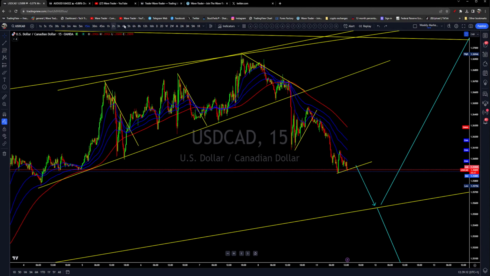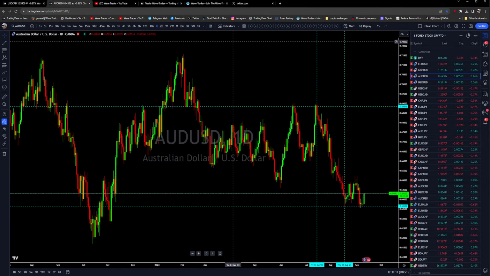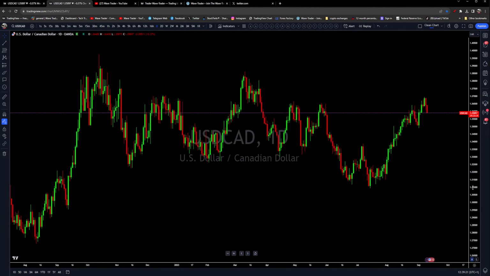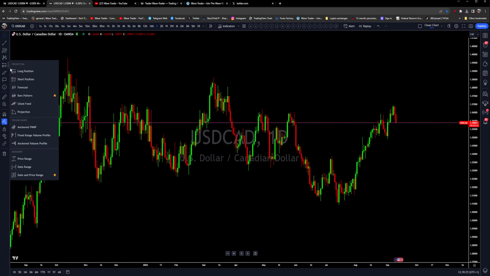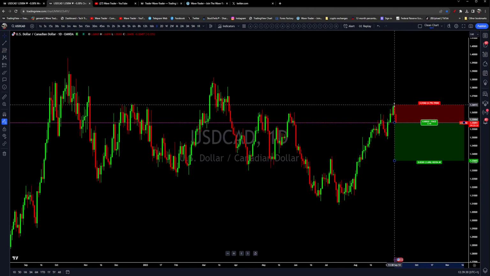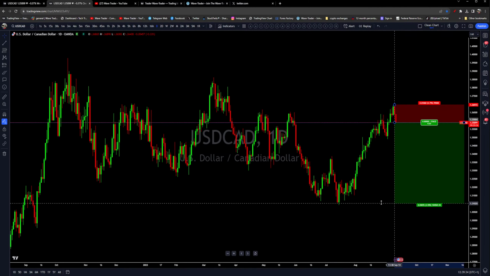That's the dollar CAD. Or if I'm going to make it more simple, you want to be a longer term trader and want to hold that trade for longer term, then the daily chart is simply telling you that you are looking for this to keep falling. If you don't want to follow that bigger time frame structure and want to get into the trade, then your setup is going to be something like that. Like this.